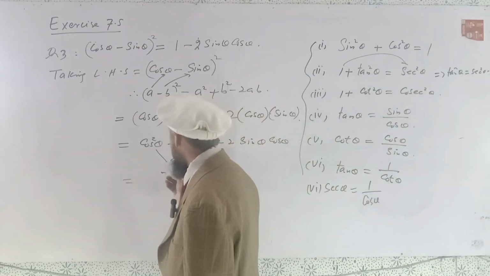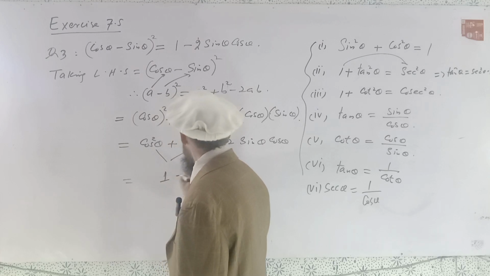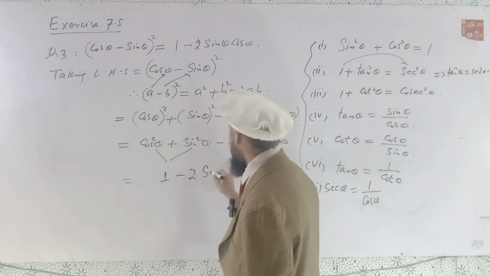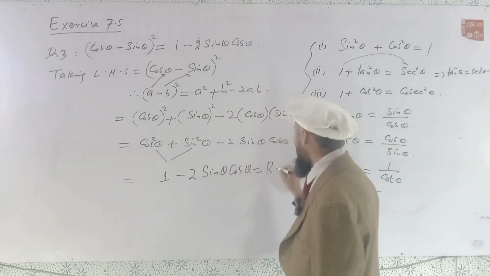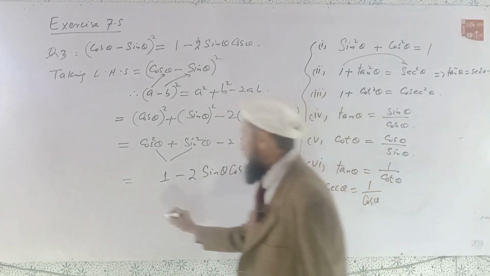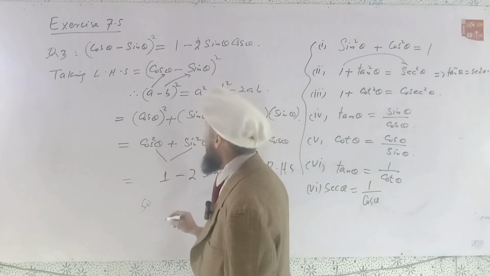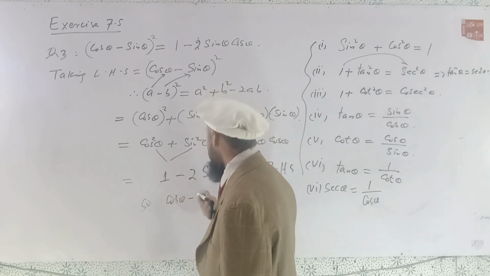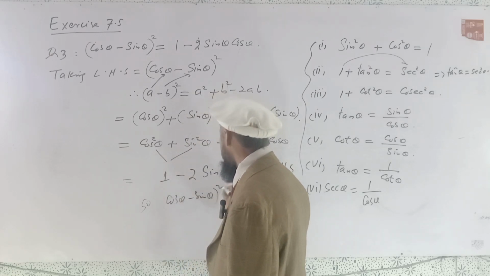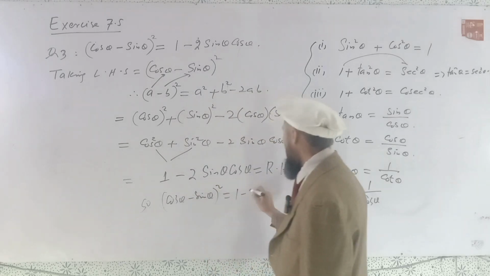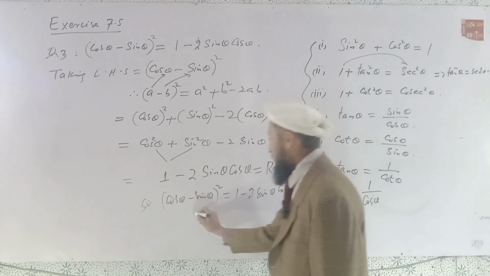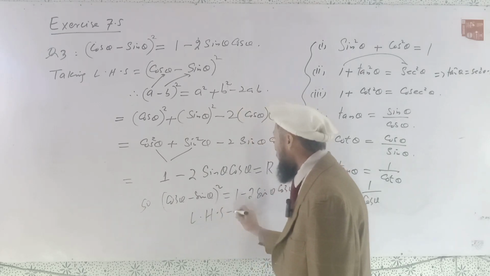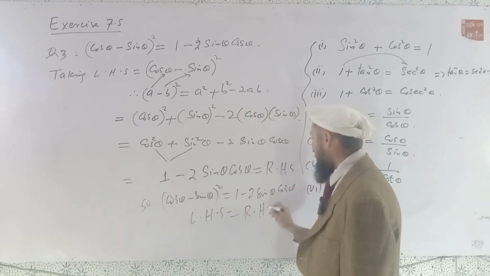So we put in the place of 1 minus 2 sin theta cos theta, which is right hand side. So we can say that cos square theta minus sin square theta whole square is equal to 1 minus 2 sin theta cos theta. So left hand side is equal to right hand side.